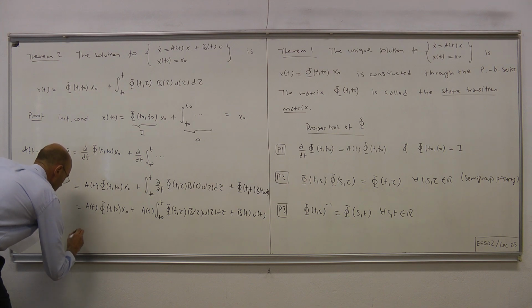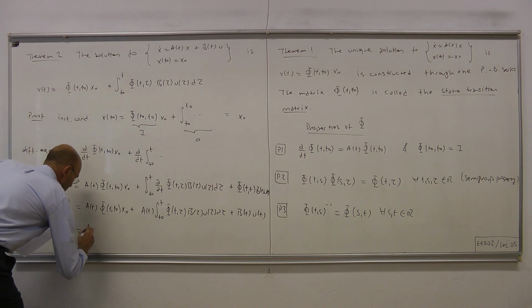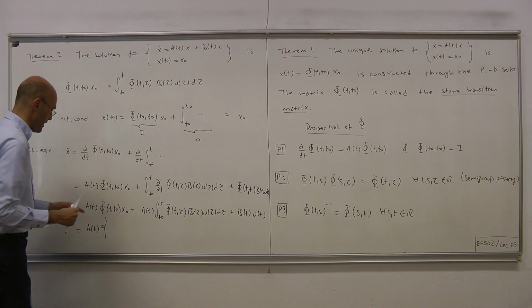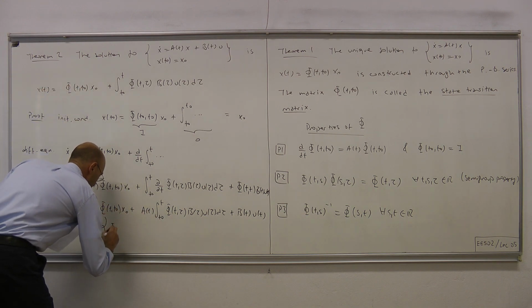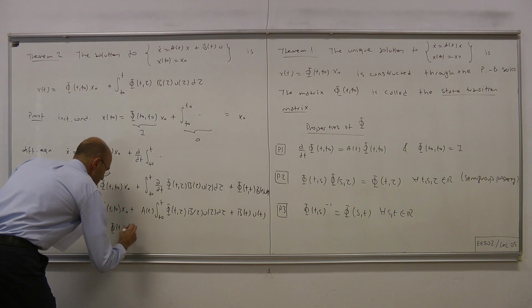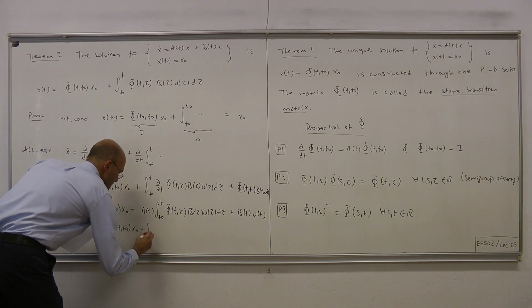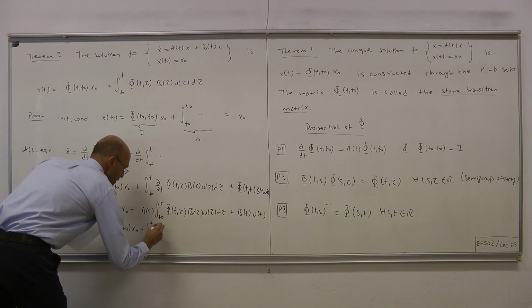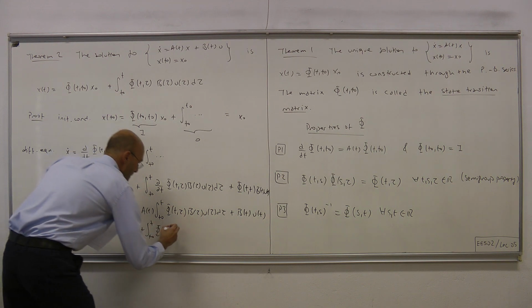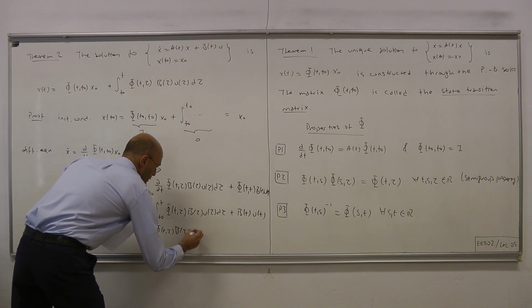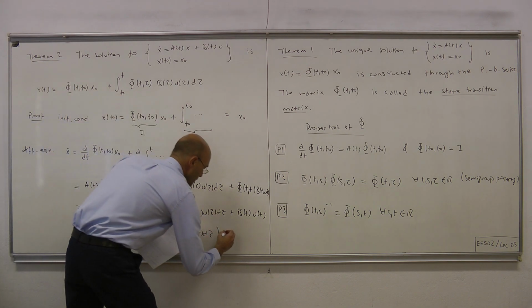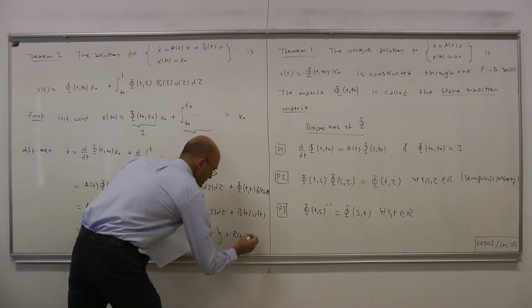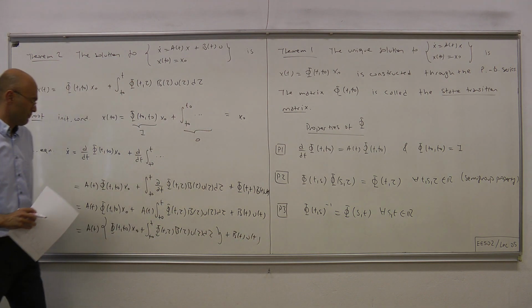Then A(t) now multiplies this and that: phi(t,t0) x0 plus the integral from t0 to t of phi(t,tau) B(tau) u(tau) d tau, plus B(t) u(t).